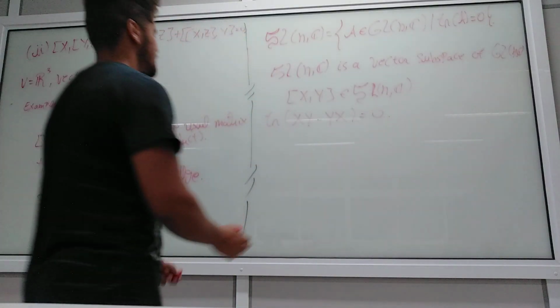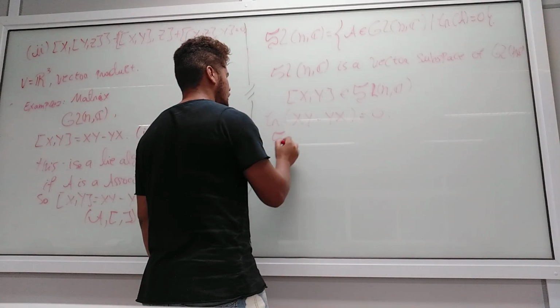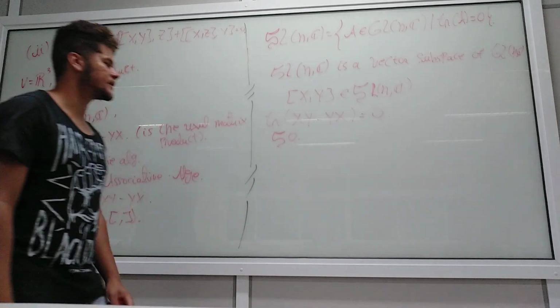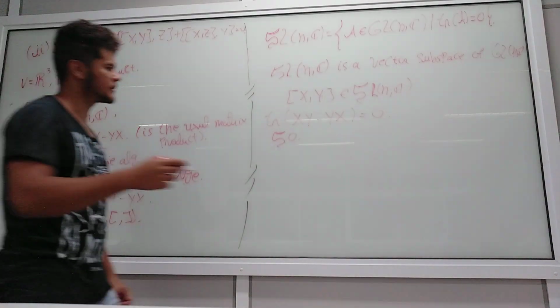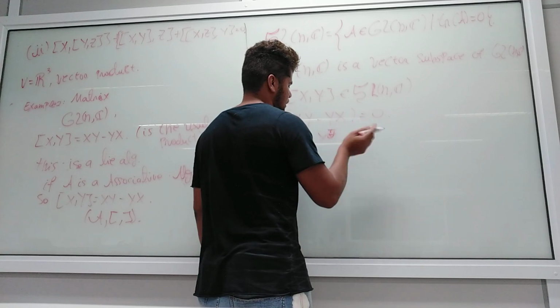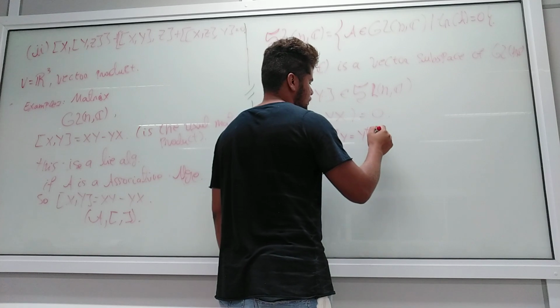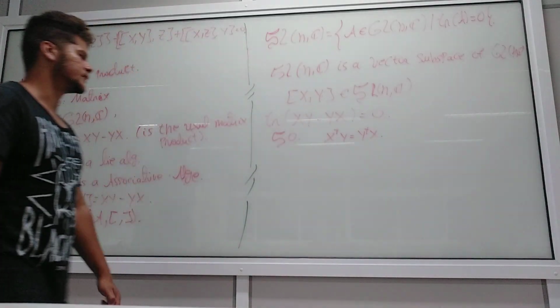Other examples are the special orthogonal algebras, so(n), matrices with the condition X transpose Y equal to minus Y transpose X, and some other examples.